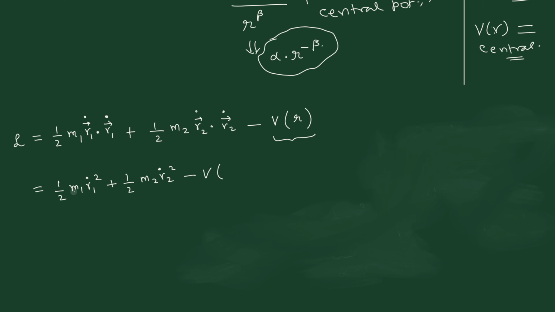Here you have to be careful that we don't write r1, we also don't write r2, but instead we write the script r, and the reason you know already. So ultimately this is the Lagrangian for the two-body system. I would like to specify clearly that it's a two-body problem under the influence of the central potential.